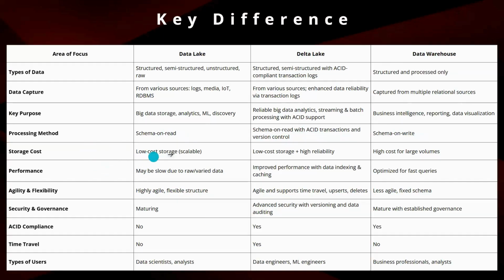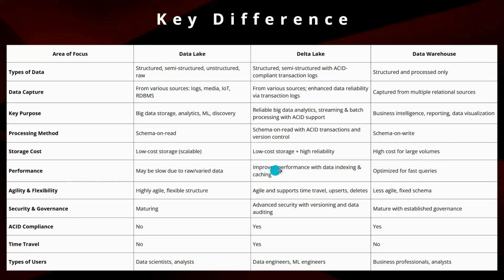Storage cost: data lake has low cost and is scalable. Delta lake has low cost storage plus high reliability, and data warehouse has high cost for large volumes. So data warehouse is on the larger cost side. Performance: data lake may be slow due to raw data.